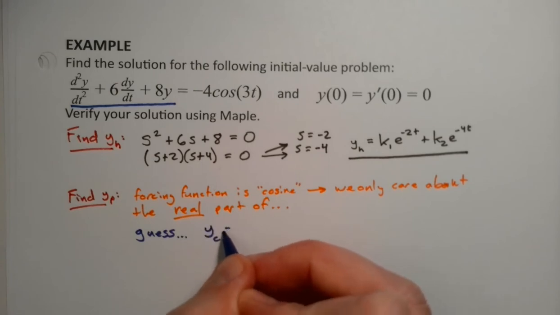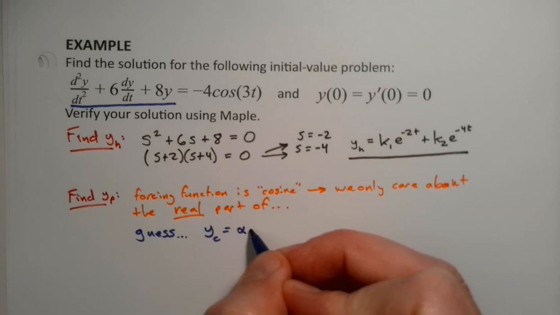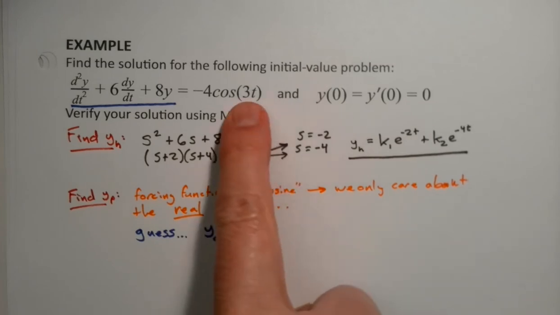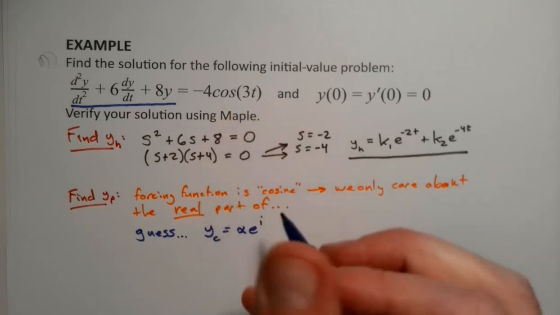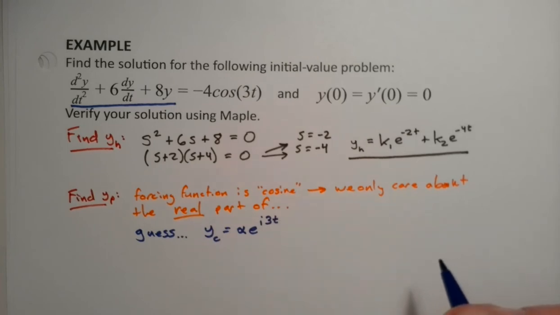Y sub c is going to be equal to some constant, alpha, times e to the i, and then you'll notice because our function up here is 3t on the inside of the cosine, we're going to make this i times 3t upstairs there, right?